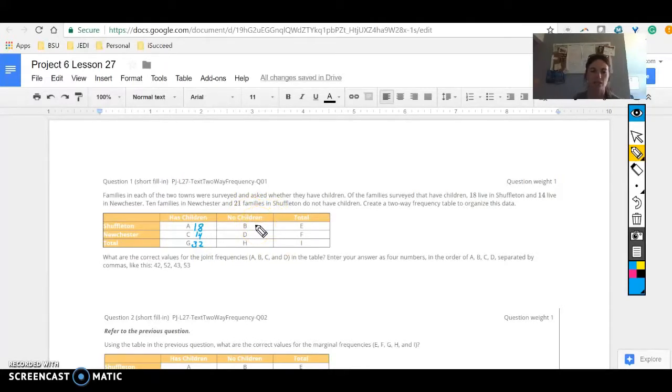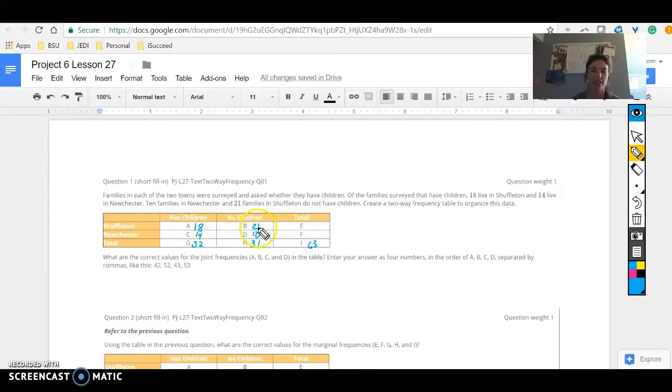This is going to be Shuffleton has 21 families without, and Newchester has 10 families without. So that's going to be 31. Okay, 32 and 31 give me 63.